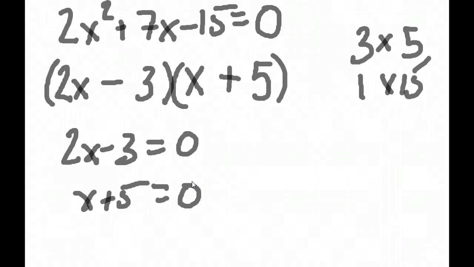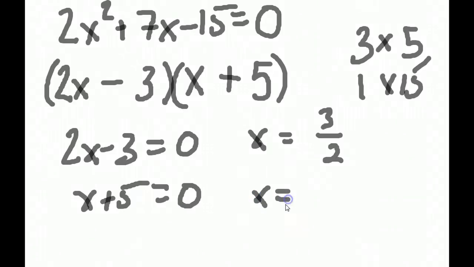What do you get when you have 2x minus 3 equals 0? What will your answer be? X equals 3 halves. And then we have x plus 5 equals 0, so it's our second x.